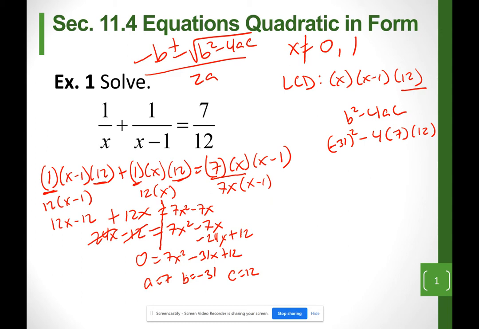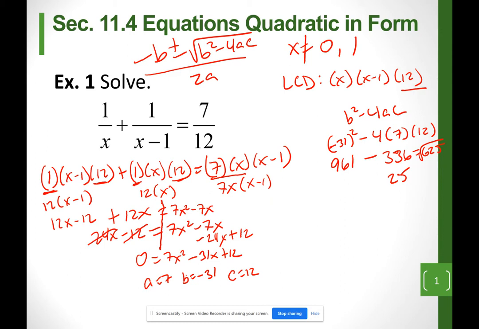Negative times negative is positive, but 31 times 31 gives me 961, minus 4 times 7 times 12, that is 336. Now, 961 minus 336 equals 625. Let me get the square root of that. The square root of 625 is 25. Good. All I was working on was the square root part.